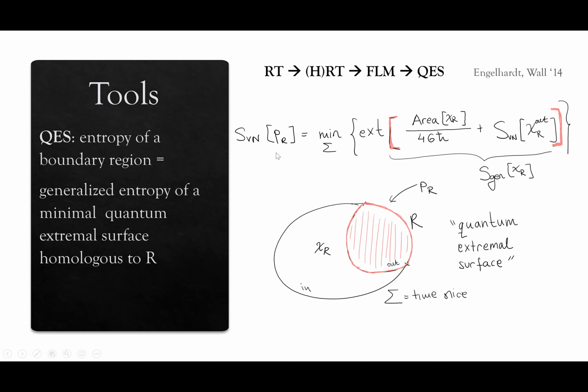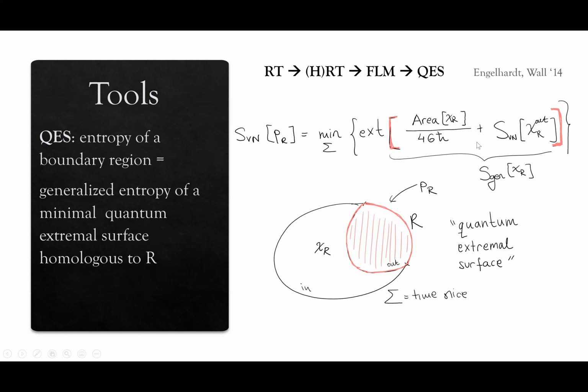Now we see that the entropy of the density matrix at the boundary is given by extremizing this whole sum. So it's not just that we're extremizing over the area and then adding subsequently the bulk contribution. We're extremizing the sum and then finding the smallest such contribution.